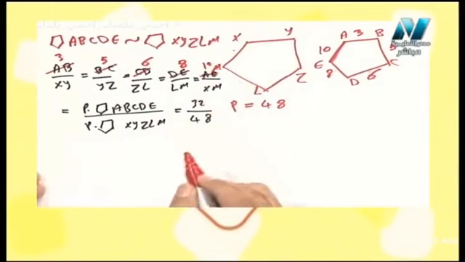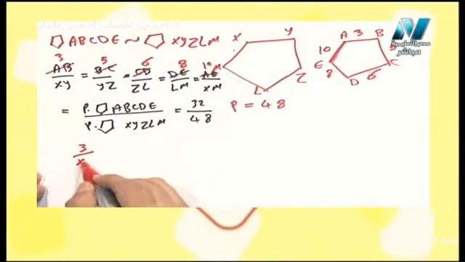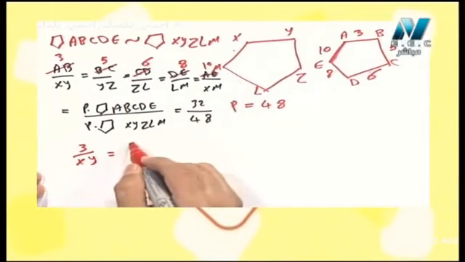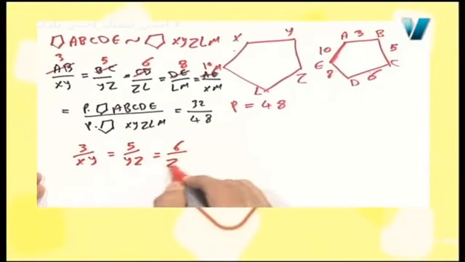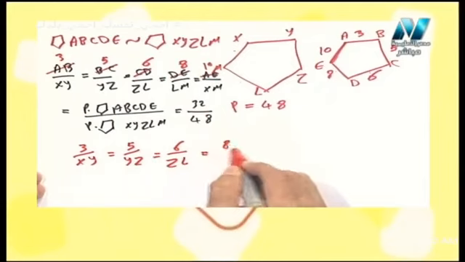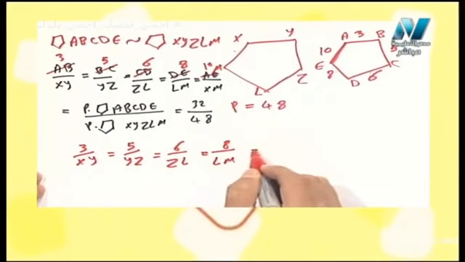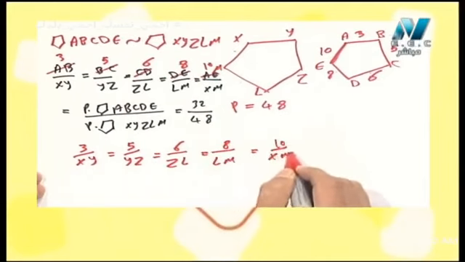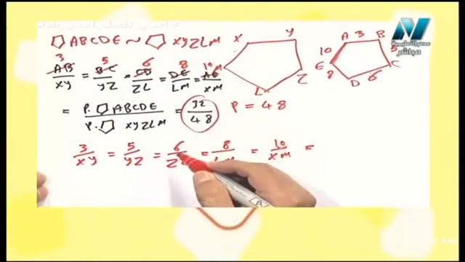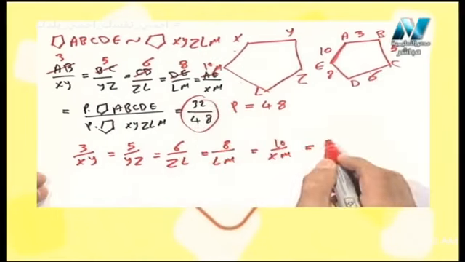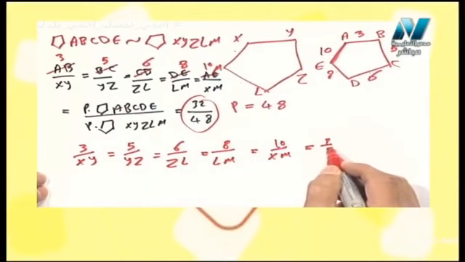So we have 3 over XY equals 5 over YZ equals 6 over ZL equals 8 over LM equals 10 over XM, finally equals 32 over 48, which in simplest form is 2 over 3.